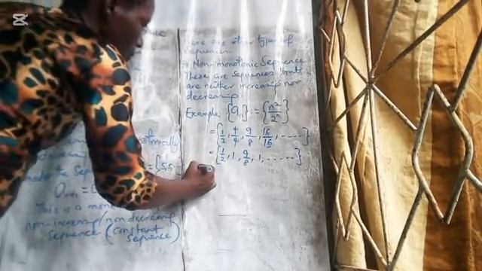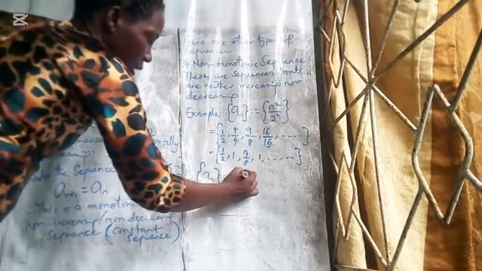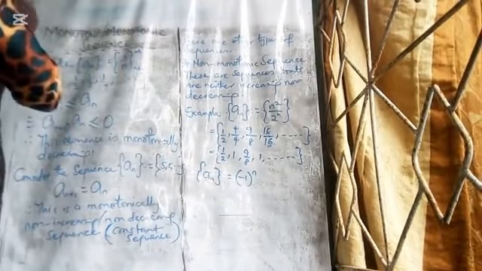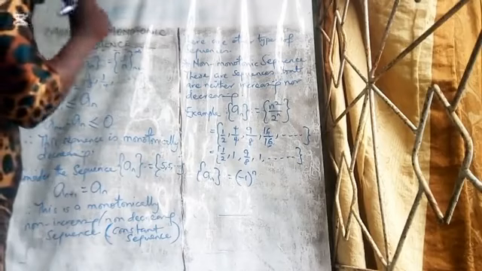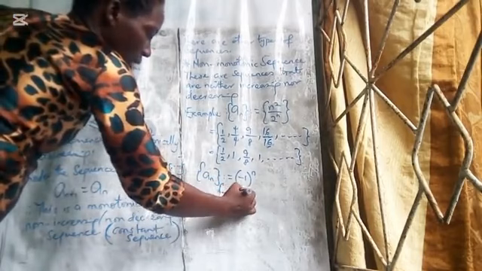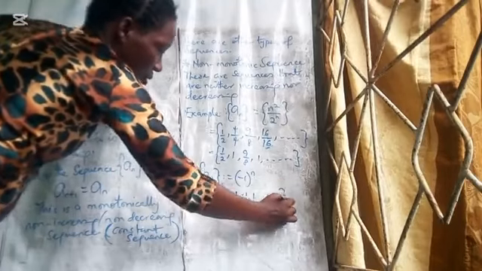Another example that we can have is the sequence a sub n defined as minus 1 raised to power n. What are the terms of this sequence? The first term minus 1, the next one 1, the next one minus 1, 1, and it continues like that.